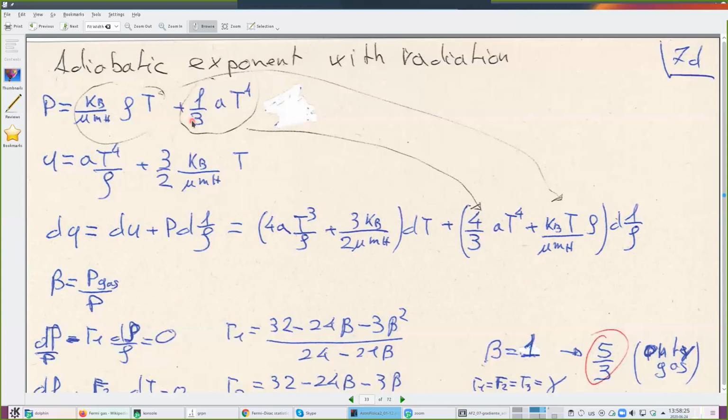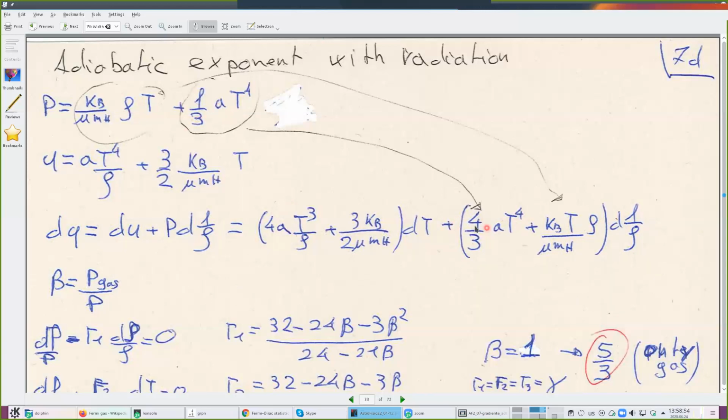This is the reason you have a mixed change, because here you have the sum. Here it is derived with respect to the temperature, so the 4 goes here, and here the pressure just enters with 1/3.